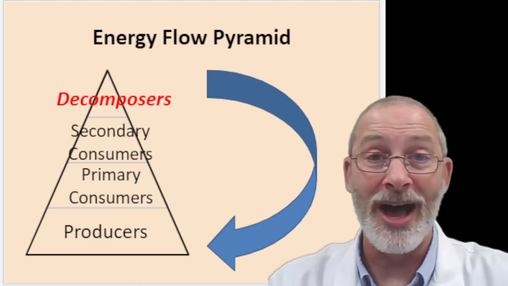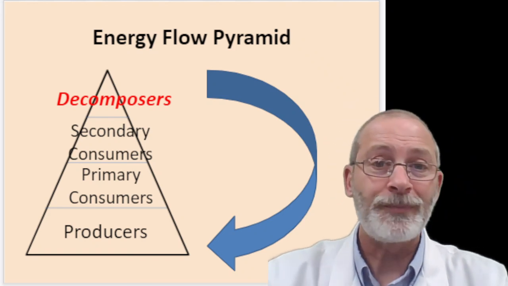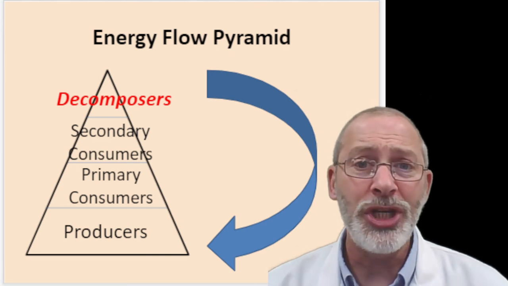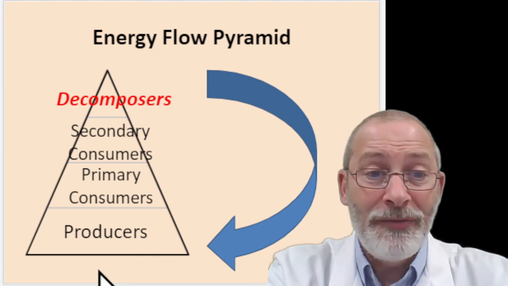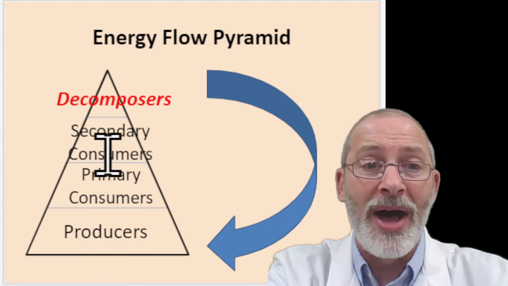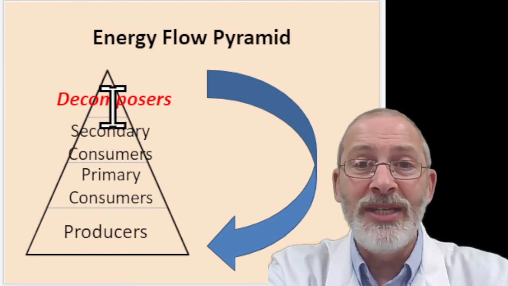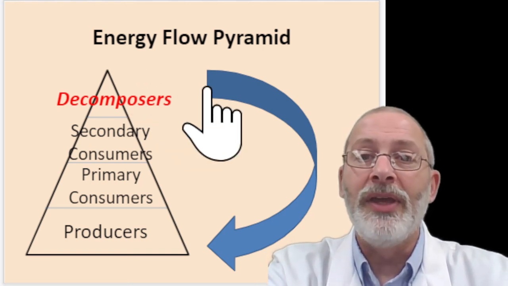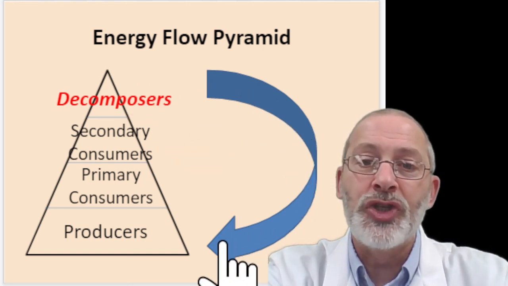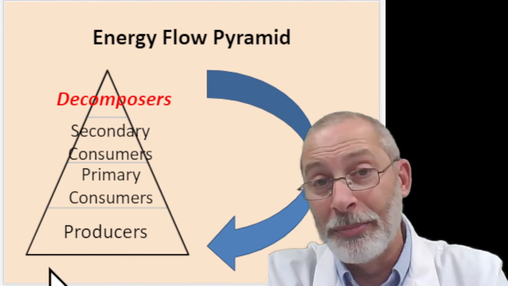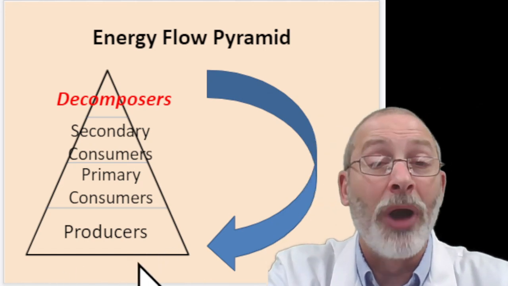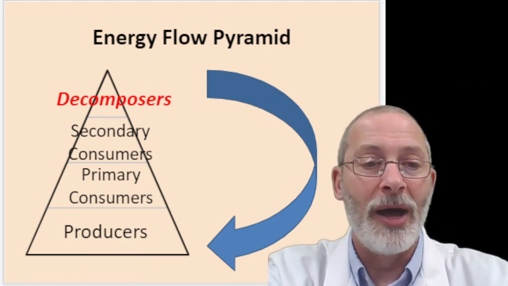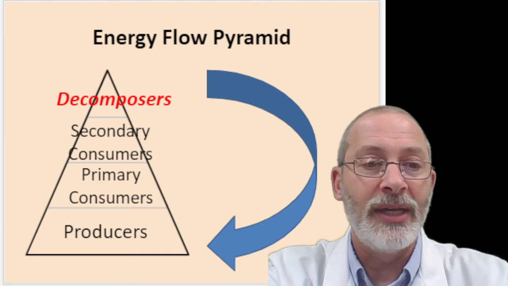Brings us to the very top, the decomposers. They are dependent upon the little amount of energy that remains after energy has flowed from bottom to top. And once the decomposers get on board, well, the raw materials are then restored to the soil, basically, that the producers grow upon in order to allow that energy to travel up the pyramid once again.